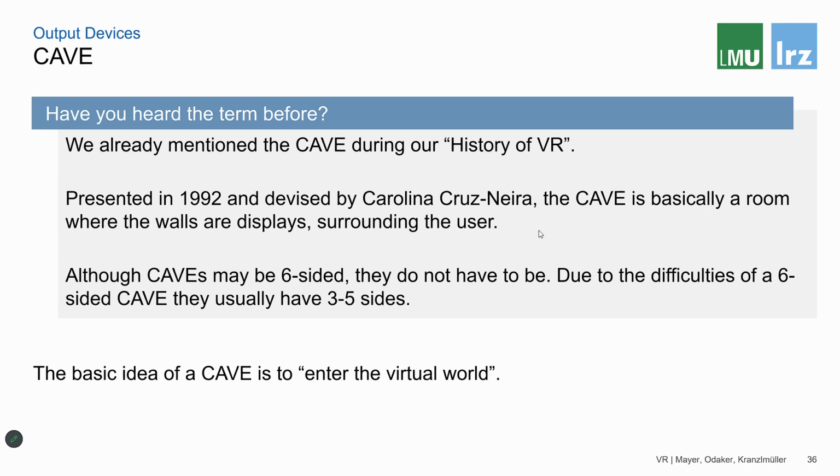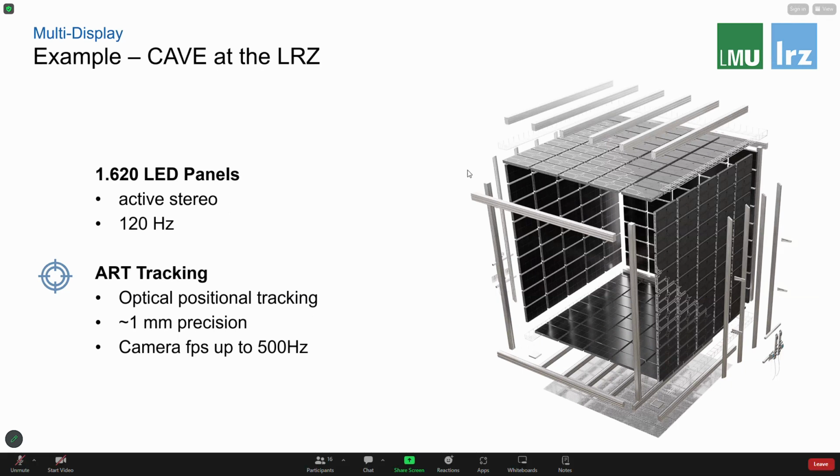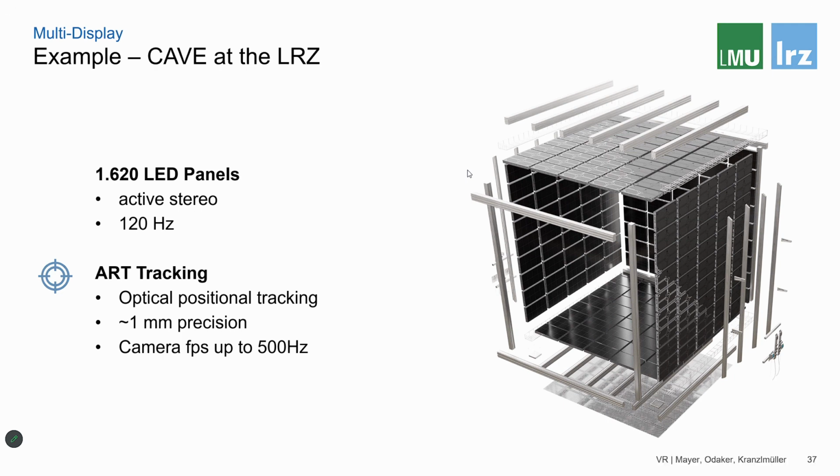Coming to the cave at the LRZ, we have actually renewed our system this year. So ours is brand new, and you can see an explosion diagram on the right showing you how the new cave is set up. We have this subframe on the outside, these poles that are floating slightly away from the actual surfaces.